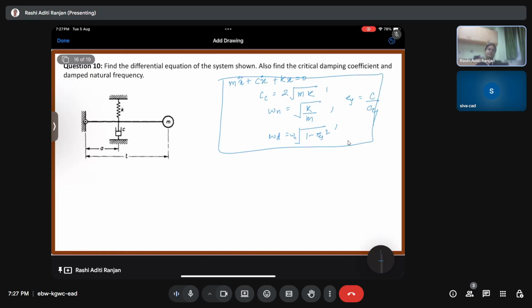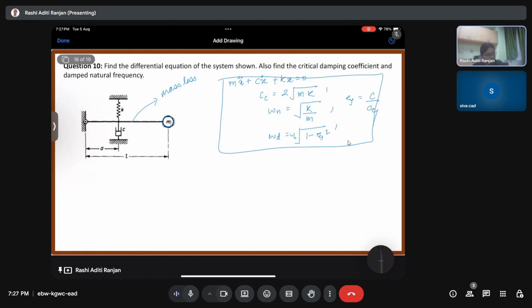Now for this system, we have a mass over here, and this bar is considered massless. So it makes our computation easy. Okay, if it had a mass, we would have needed to consider its moment of inertia as well. But for now, we don't have to consider it.